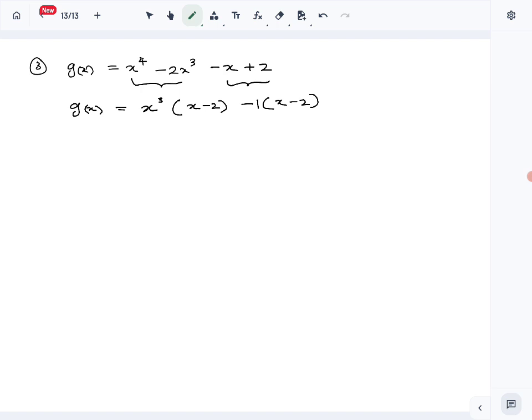Right, then we have to take x minus 2 out, so we get x minus 2 times x cube minus 1.